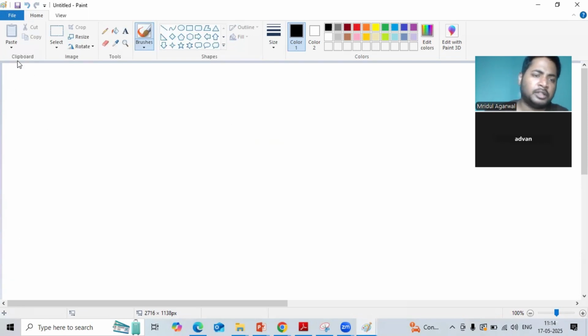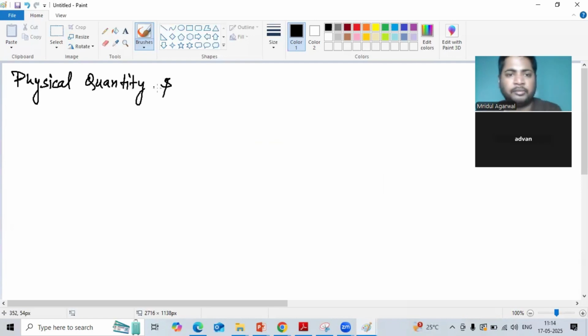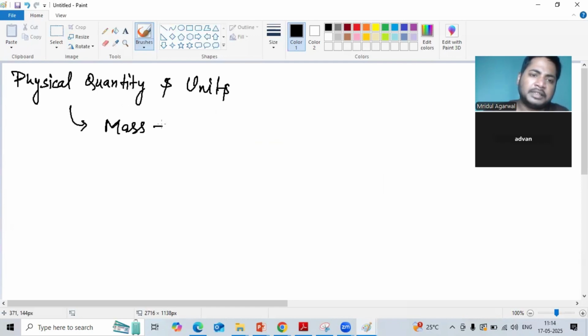So if you talk about the physical quantities of any given physical quantity, it's basically once you are defining, let's say, mass. Mass is defined in kgs, correct?